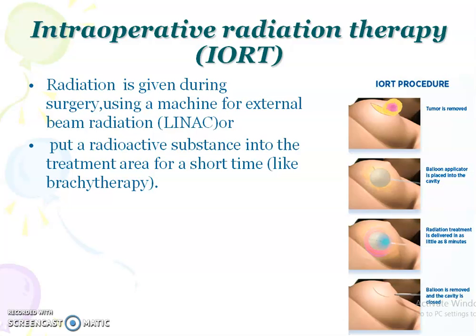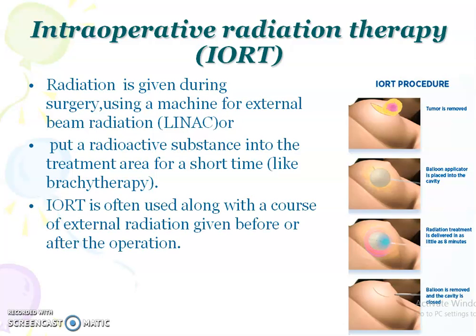If a radioactive substance is put into the treatment area for a short time, it can be considered as brachytherapy. So IORT is used along with the course of external radiation therapy before or after the operation. Usually we go for external radiation in case of IORT.